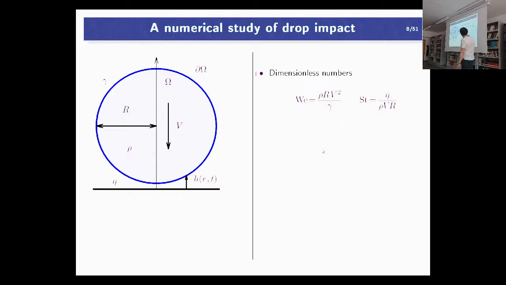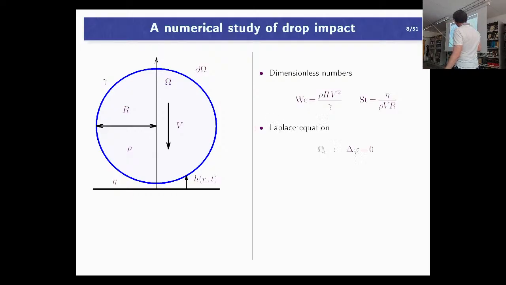There are two dimensionless numbers that are relevant in this problem: the Weber number, which compares inertia to surface tension effects, and a Stokes number, which is somehow the inverse of the Reynolds number, the viscosity of the air divided by the density of the drop times the velocity times the typical radius.